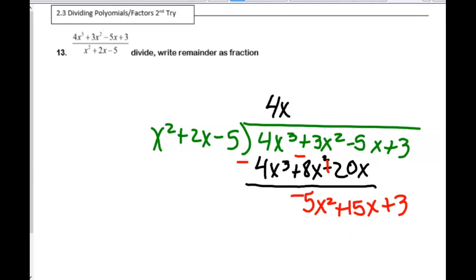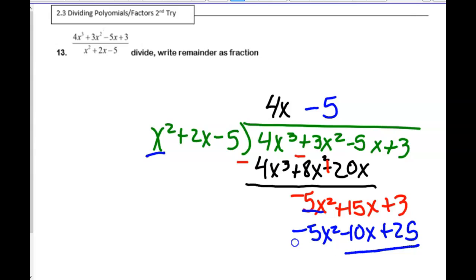One more. X squared to become exactly negative 5x squared would need to multiply by negative 5. Everybody okay? Negative 5x squared minus 10x plus 25. Coming back through and changing signs.